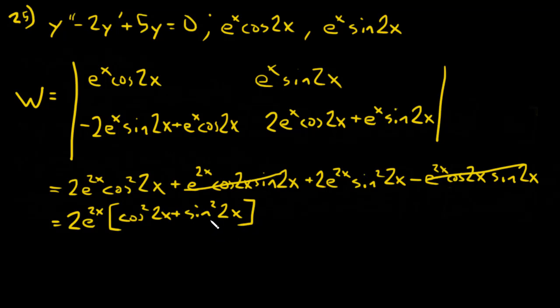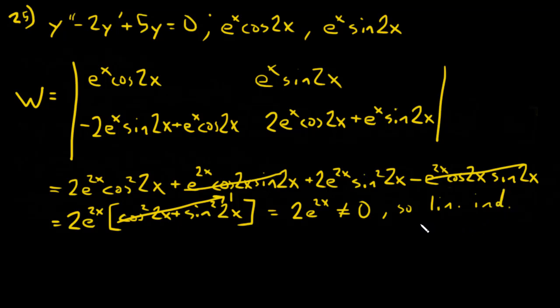Well, what do you know? Isn't that satisfying? Cosine squared plus sine squared is 1. So this equals 2e to the 2x. So that's my Wronskian. Now, is there any value of x that will ever make this 0? No. This does not equal 0, so they're linearly independent.